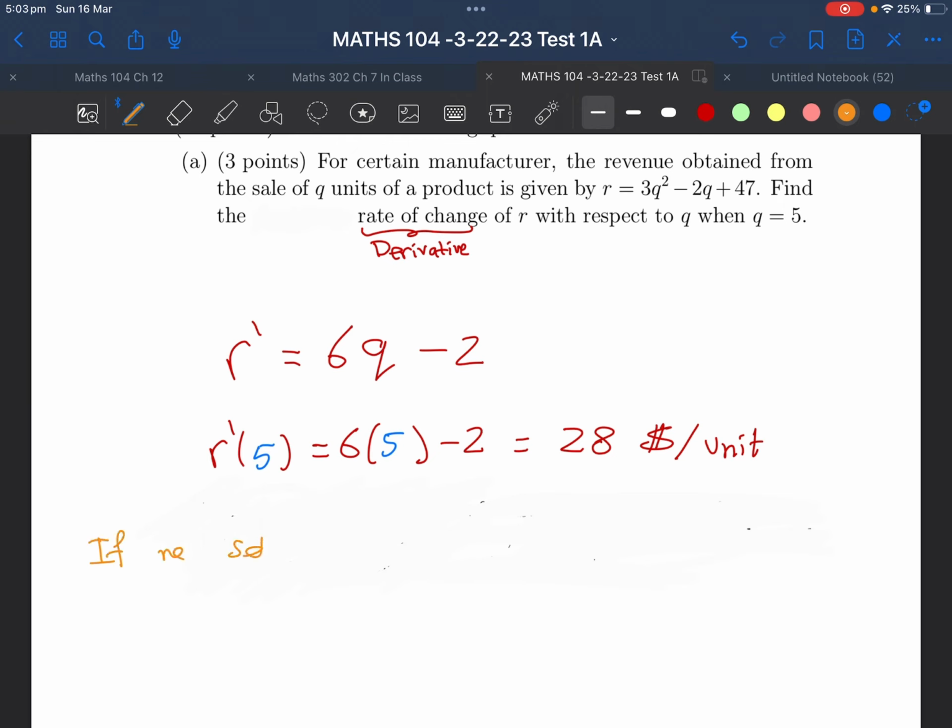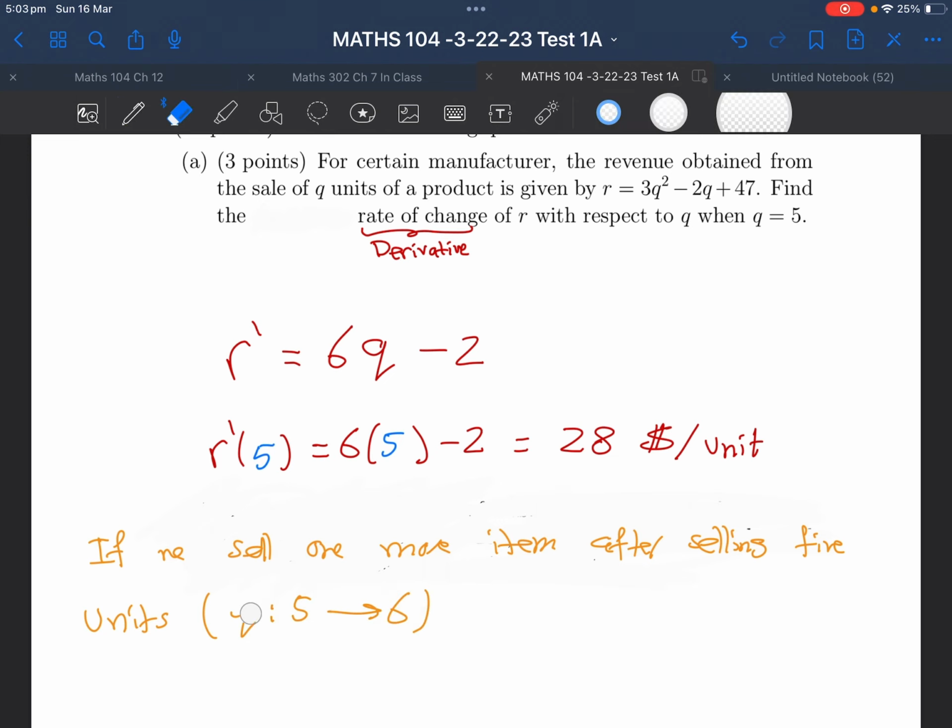It has a meaning, which means if we sell one more item, or one more unit after selling 5 units, which means if my Q changes from 5 to 6, that's what it actually means.